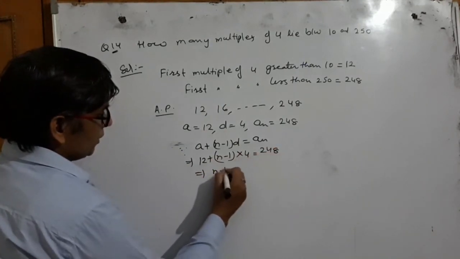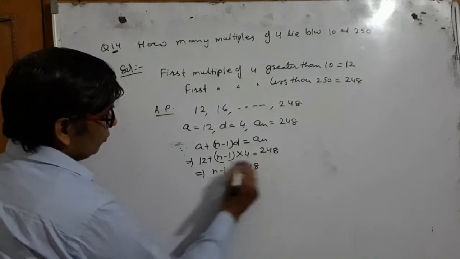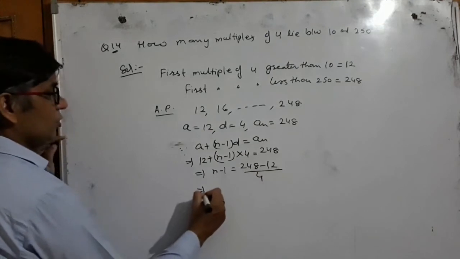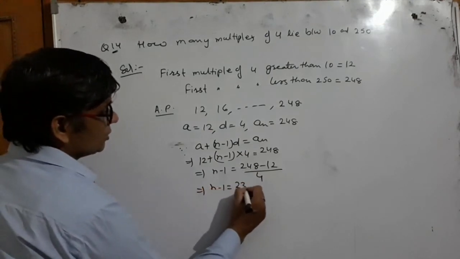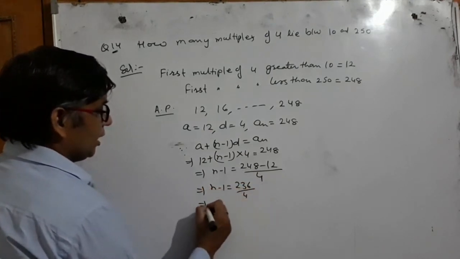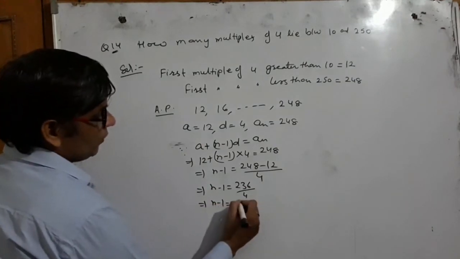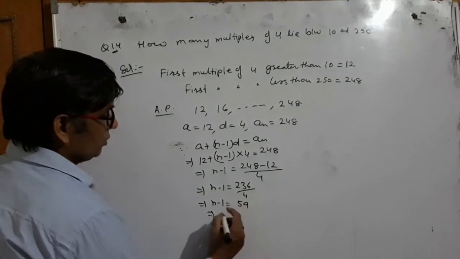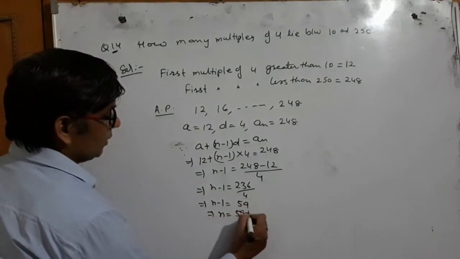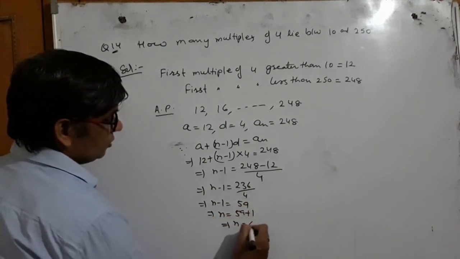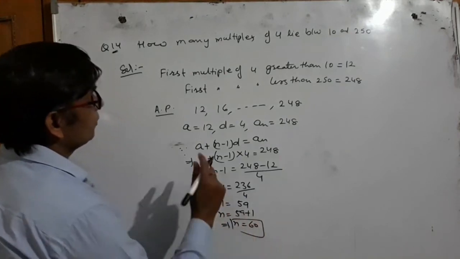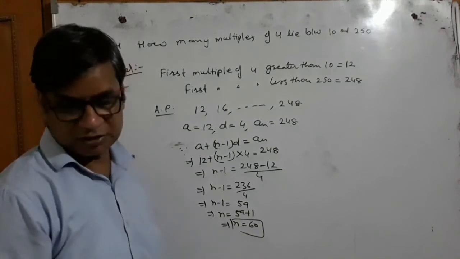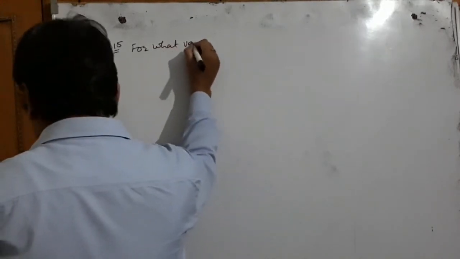So n minus 1 equals to 248 minus 12, 12 को शिफ्ट करेंगे, इसको शिफ्ट करेंगे अपॉन में 4, तो n माइनस 1 इक्वल टू 236 अपॉन 4. तो n माइनस 1 इक्वल टू 59. So n equals to 59 plus 1, so n equals to 60. So how many multiples between 10 and 250 of 4? 60.